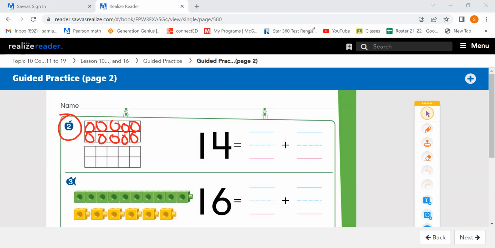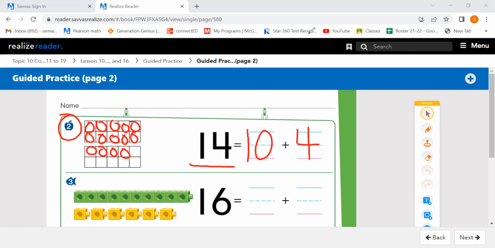We're going to continue to 14. So we start at 10, 11, 12, 13, and 14. Now, let's complete the equation to match the picture. So we know that 14 equals 10 ones in our first 10 frame, plus 4 ones in our second 10 frame.